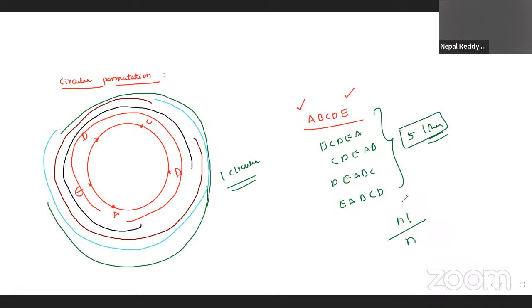Hence, if n persons are arranged in a straight line, n factorial divided by n gives the total circular permutations, that is equal to n minus 1 factorial.